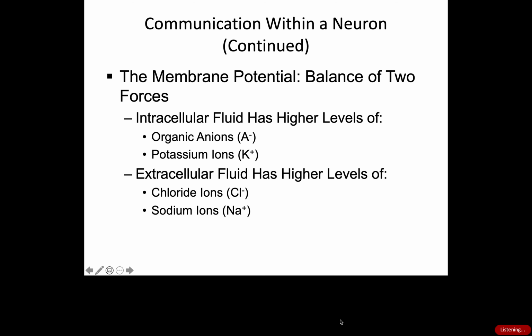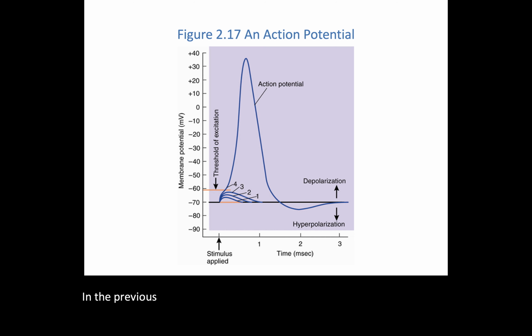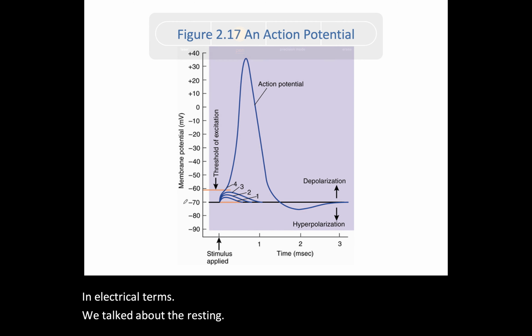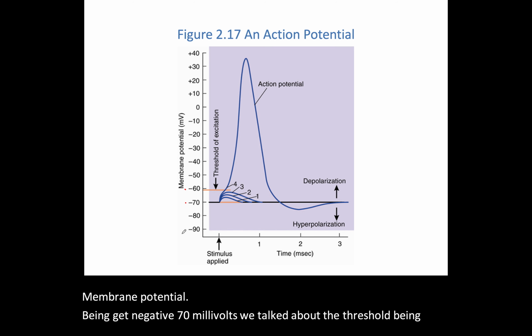In the previous video, we talked about the action potential in electrical terms. We talked about the resting membrane potential being at negative 70 millivolts. We talked about the threshold being at negative 60.